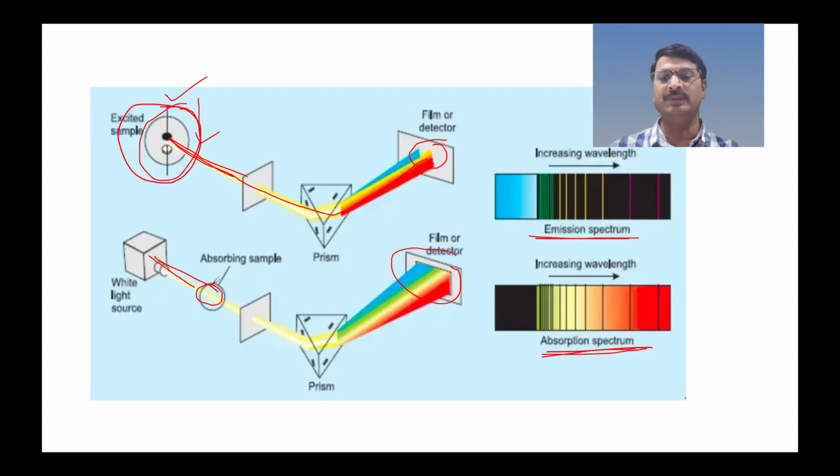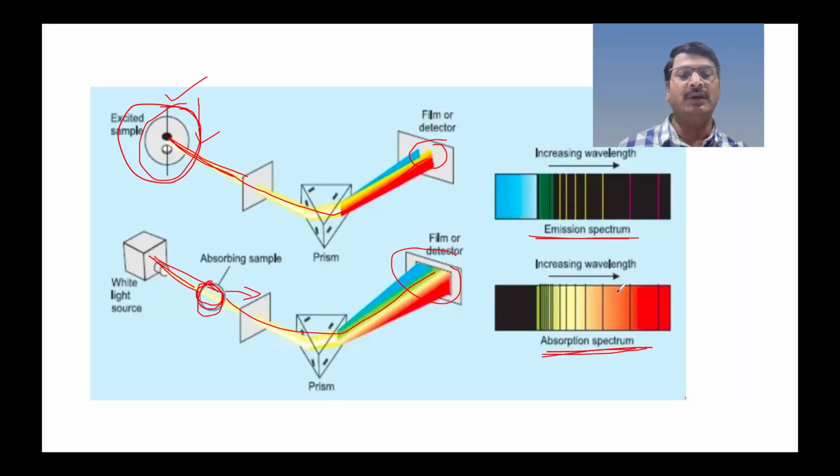So in case of the absorption spectra, the spectra is obtained by the remaining light after the absorption. When this light falls onto the substance, it absorbs some wavelength of light, and some wavelength of light will be released, and the released light will fall onto the photographic plate. That is called absorption spectra.